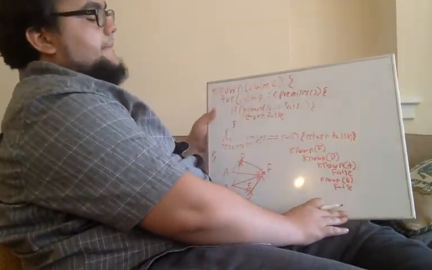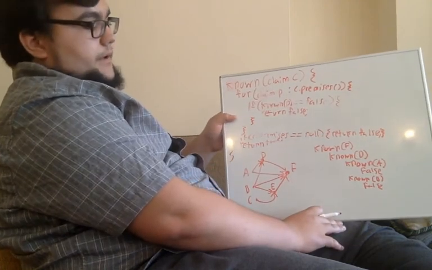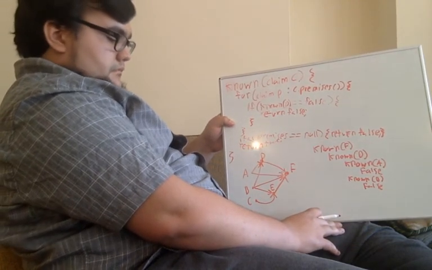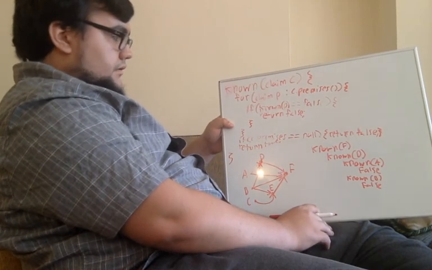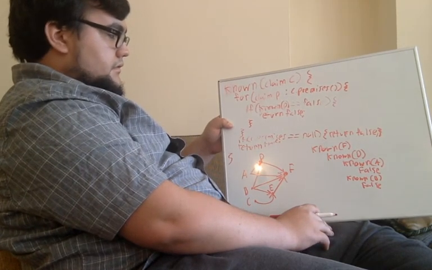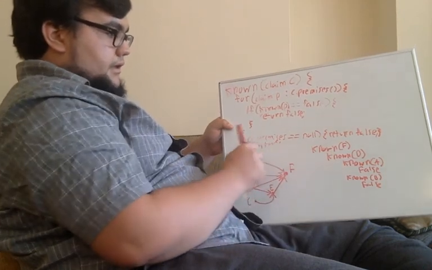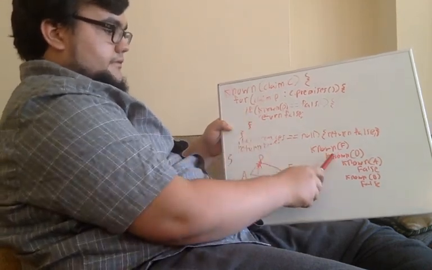So I'm going to have known of B, and that's going to be false. So we finished our known of A, we finished our known of B. That finishes our for loop for our known of D.